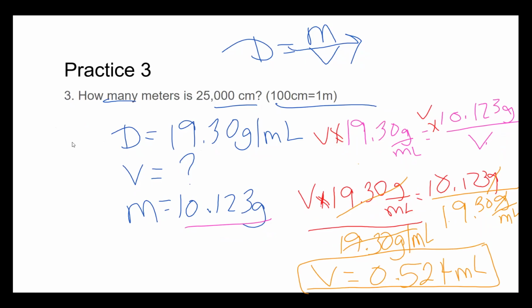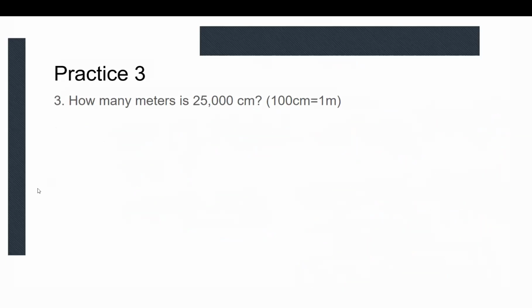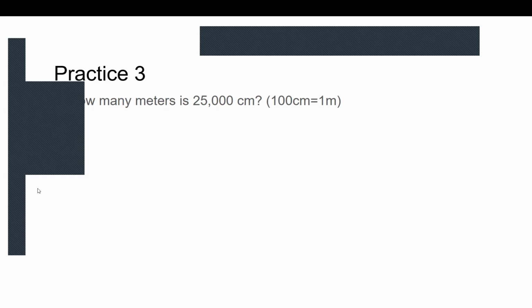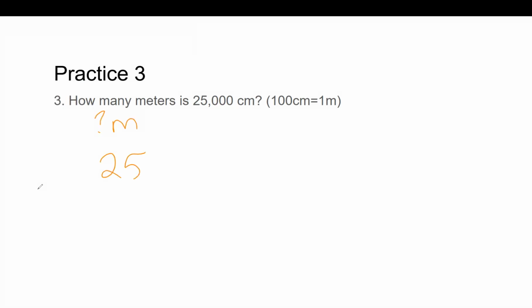Almost finished. All we're doing is practice problems. How many meters is 25,000 centimeters? Well, we're looking for meters. We're given 25,000 centimeters. We always start with what we're given. Put what we want on top, which is meters. This is perfect practice. All these practice questions are perfect practice for your quiz.